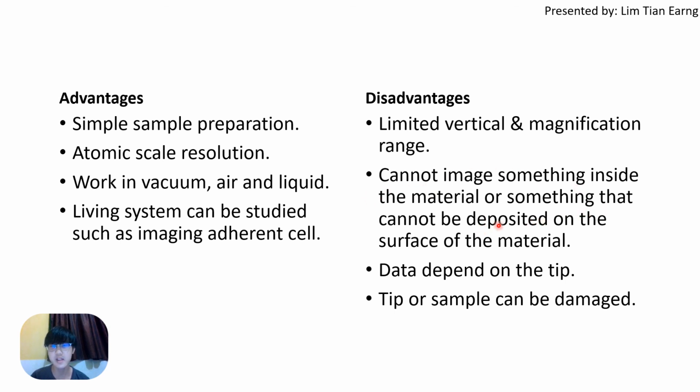When the substance that is deposited on the surface of the material is not deposited completely, it will make the image not nice, and it cannot image the materials. And the tips and the sample are very important, since the data will depend on the tips and sample. If the tip or sample is damaged, the data will not be reliable.